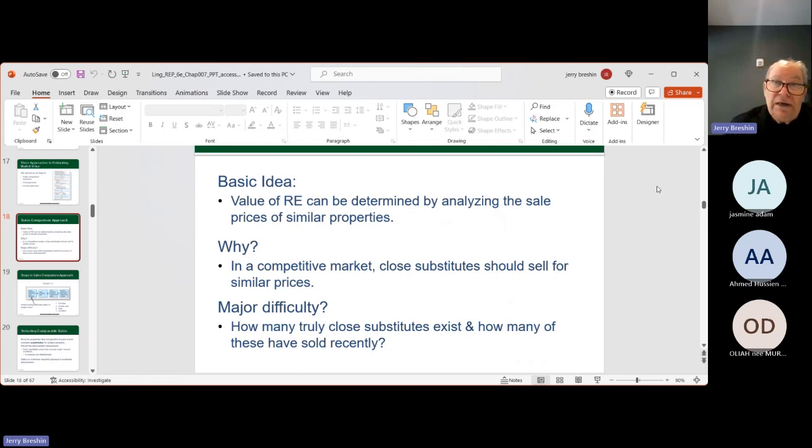Someone wants to know what the value is, knowing that the economy fluctuates. Imagine a cycle, a roller coaster, something that goes up and something that goes down. What is the value of that property now? Not what was that property yesterday, or what is that value tomorrow?